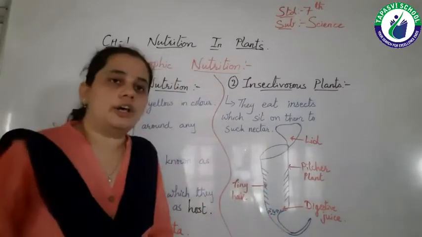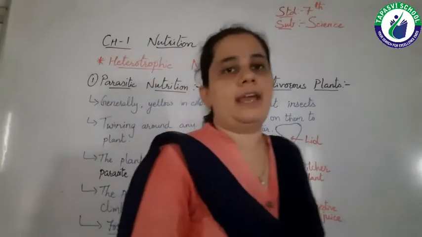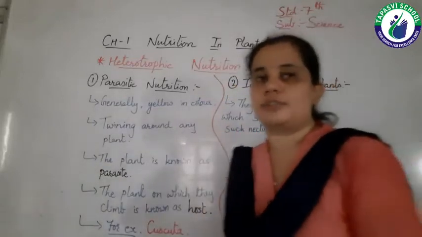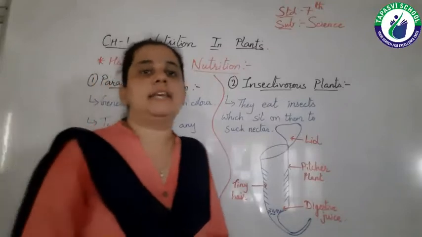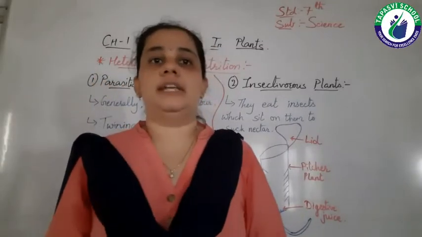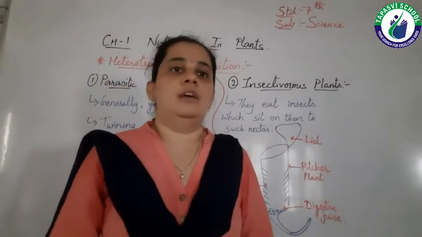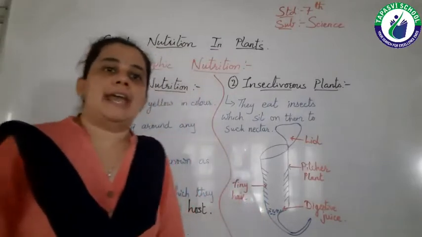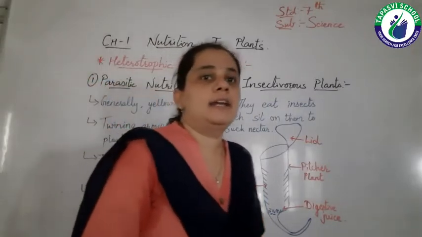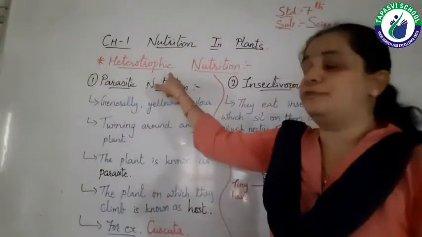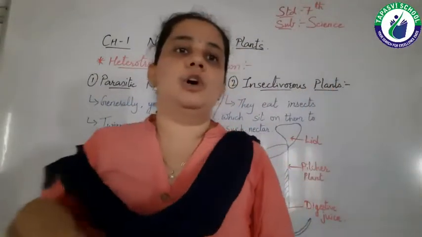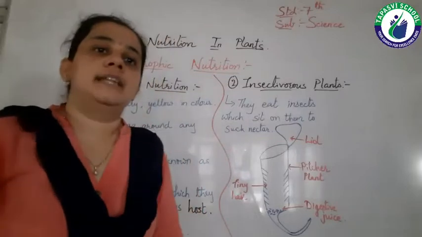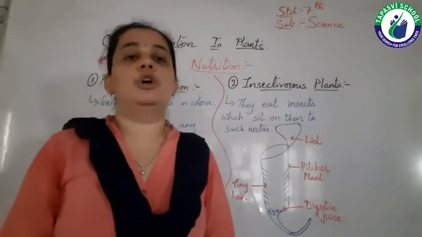The organisms having parasitic nutrition, specifically plants, are generally yellow in color. Why? Because they are heterotrophic, means they depend on others. That's why they are yellow in color, because they lack chlorophyll.